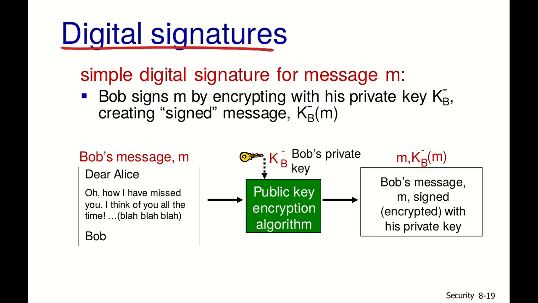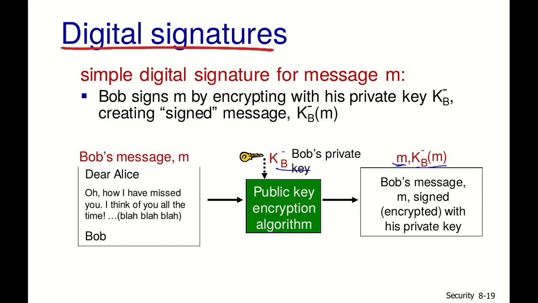All right, so what Bob does is he signs the message by using Bob's own private key, and then Bob sends both the message and its digital signature to Alice.